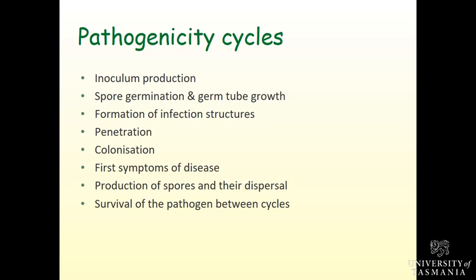Then it needs to get from plant to plant. So it will generally produce spores or some other dissemination structure, and that will disperse from plant to plant. And then finally it needs to produce a survival structure to cope with interseasonality. So okay, the plant's dying, I don't want to die, I need to have a strategy so I can survive between cropping systems or cropping cycles.